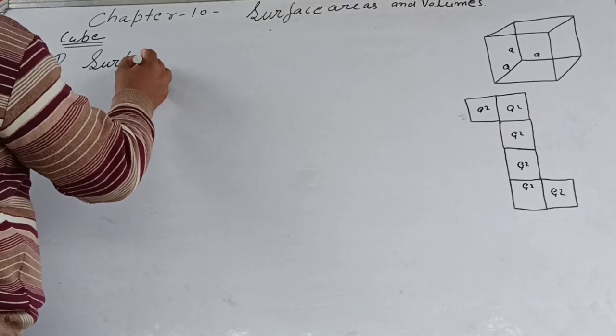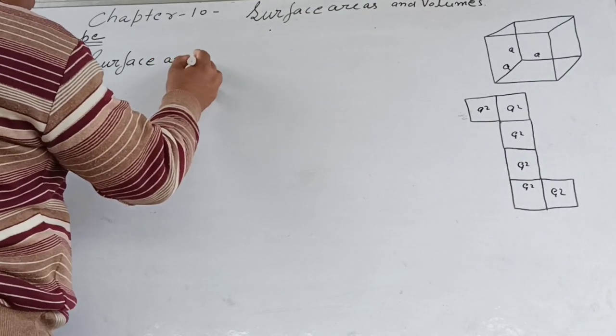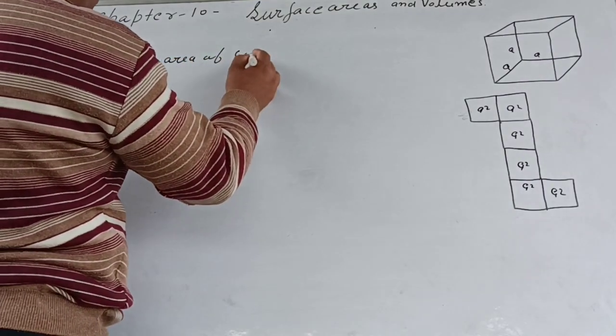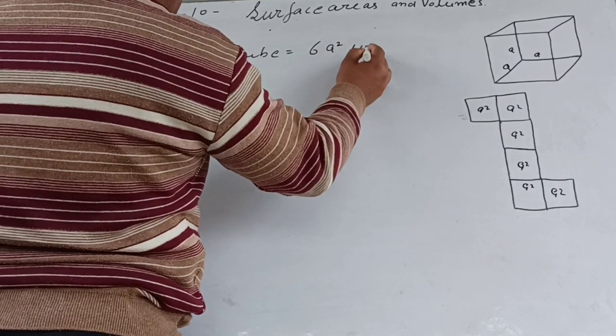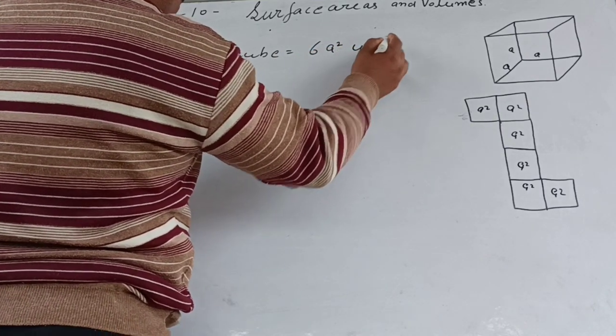Surface area of cube is equal to 6A square unit square.